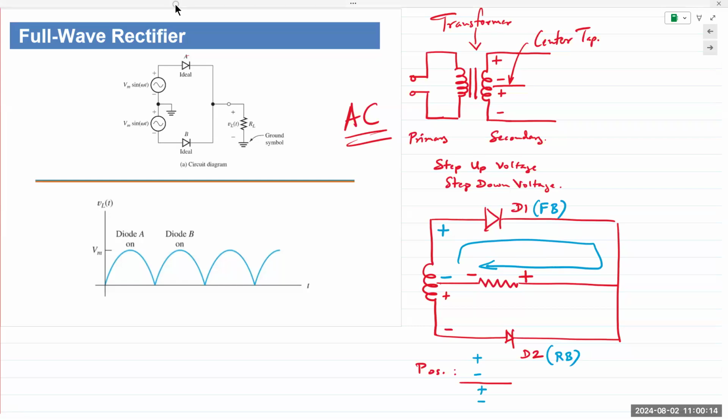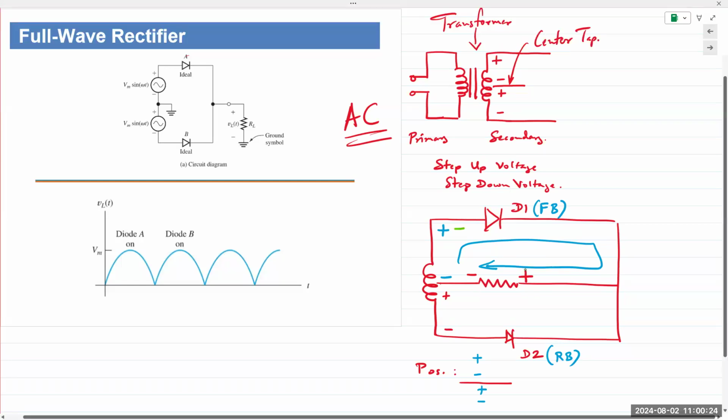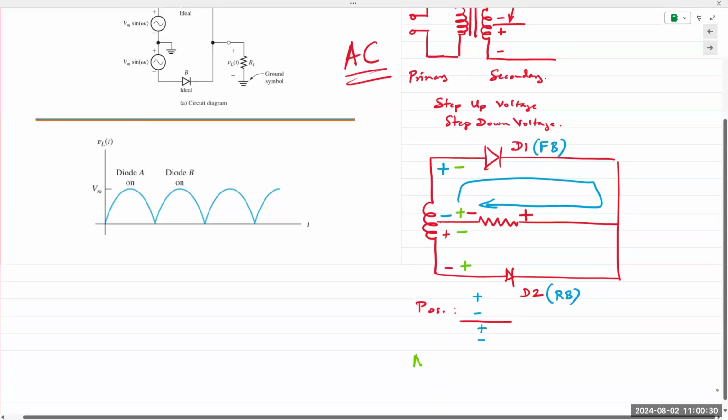Now, when it's reverse bias, this is minus, this is plus, this is minus, this is plus. So for a negative half cycle, minus, plus, minus, plus.